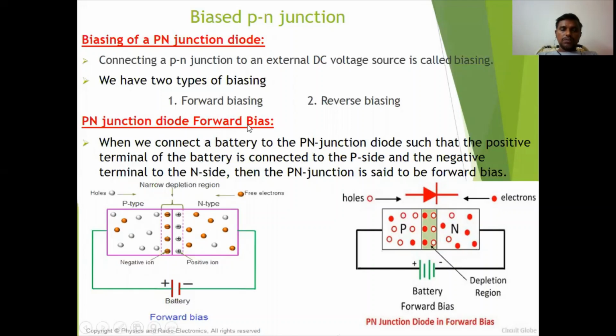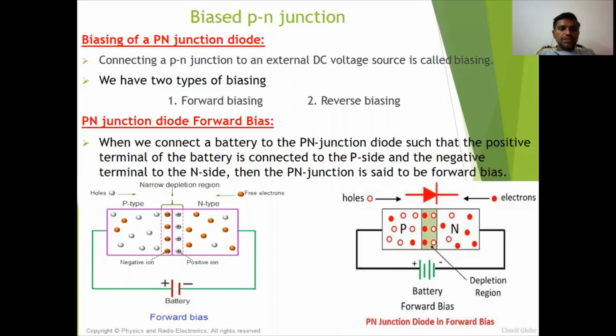In the previous section we have seen the open circuit, where we are not connecting any external voltage, and we observed the characteristics of the open circuit PN junction diode. But here we have two types of biasing: first forward bias and second reverse bias.